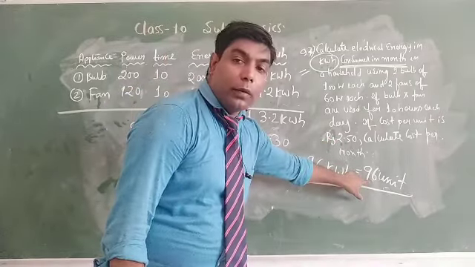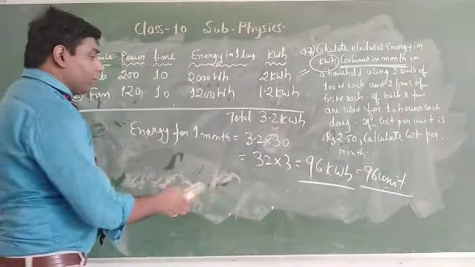Now, 1 unit is how many rupees? 2.5. So 96 units will be 2.5 into 96, right?